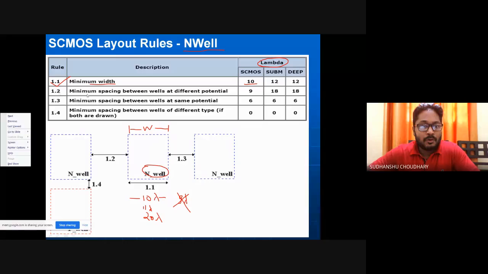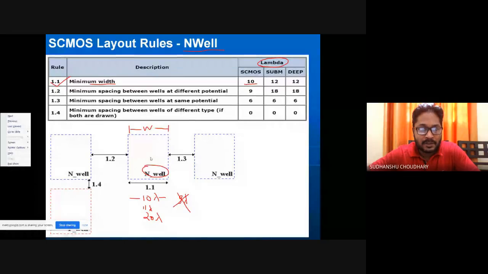Similarly, rule 2 on N well says minimum spacing between wells at different potential. It is possible that in your IC you may have 3-4 N wells, maybe more than that, and two wells may not be at the same potential.